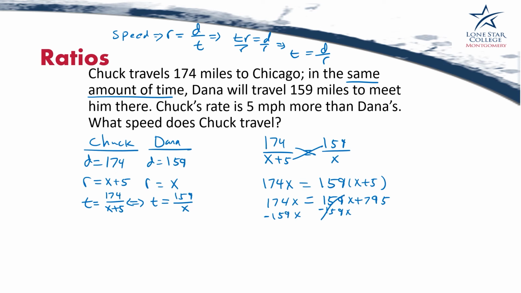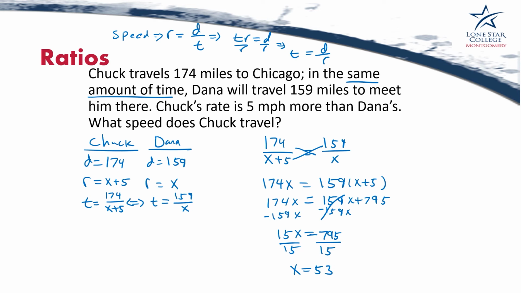So 174 minus 159 gets us 15X. Oops, I'm sorry, that's 795, my bad. Then to solve for X, we divide both sides by 15. So that gives us X equals 53.